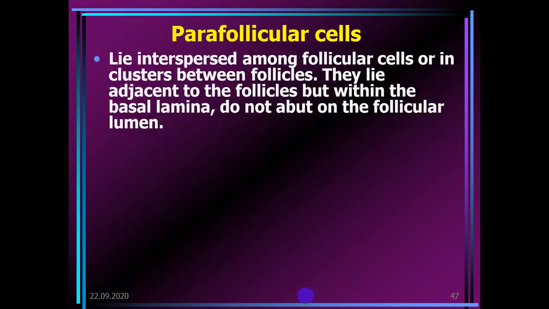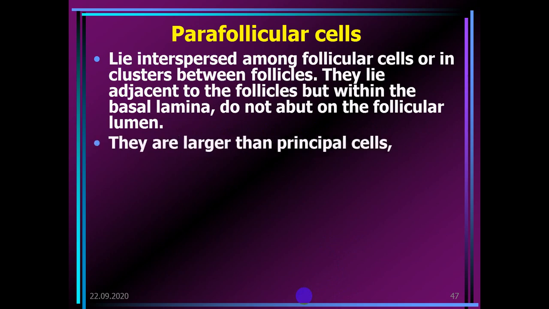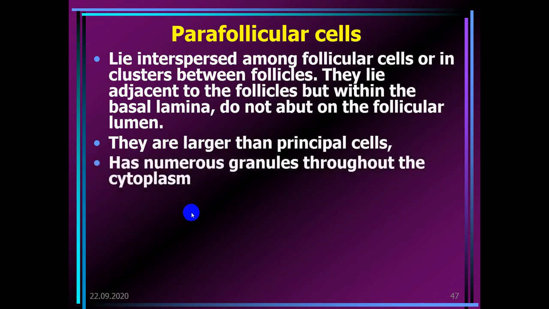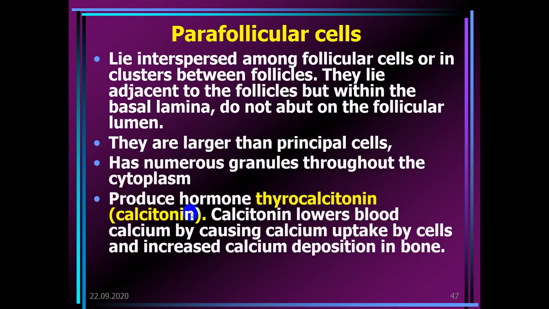Now the second part of the thyroid gland is parafollicular cells. Parafollicular cells, as you remember, may be dispersed between the thyrocytes in the wall of the follicle. These cells are larger than principal cells, thyrocytes, have numerous granules, and produce the hormone thyrocalcitonin, or simply calcitonin.